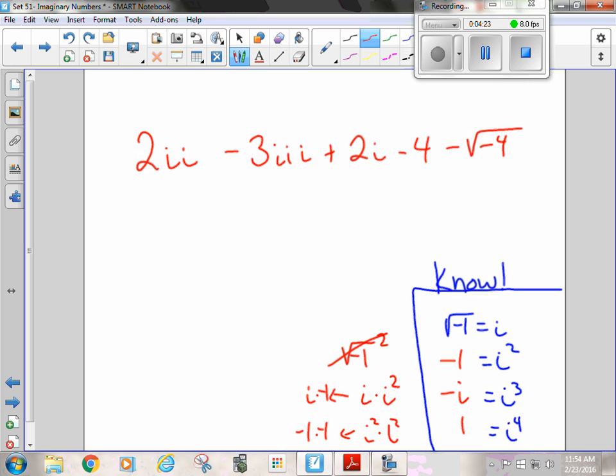So whenever you see i squared, you can automatically go, I know that's going to be -1. i cubed, oh, that's going to be -i. i to the fourth, that's going to be 1. And you don't have to go back in and reprove it every time.